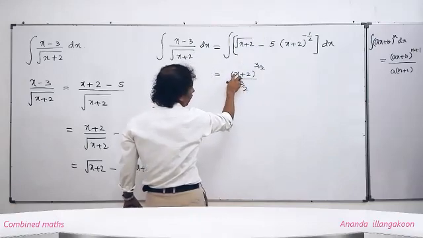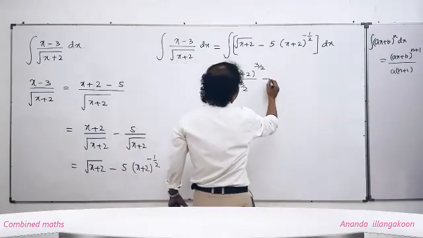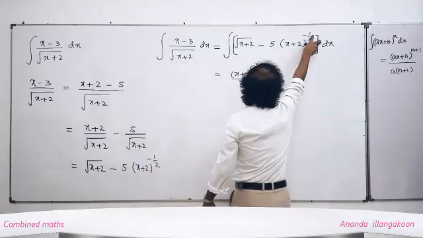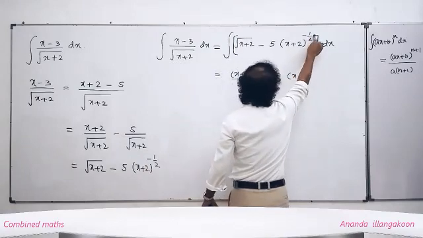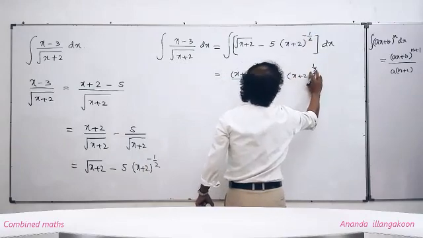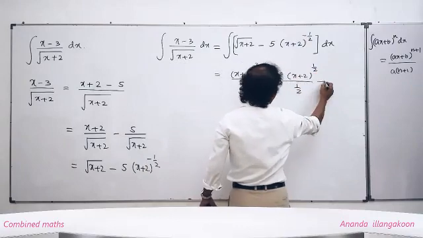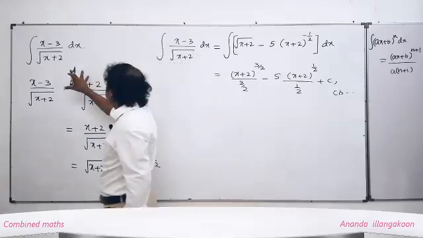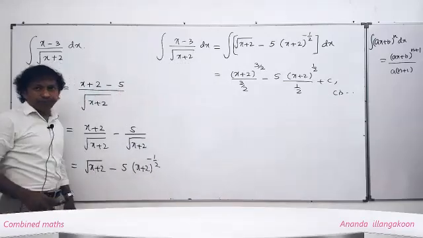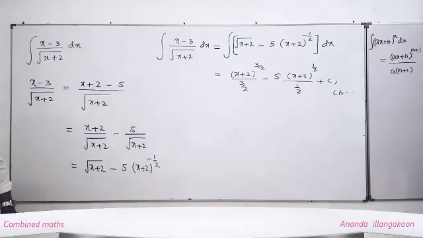Meantime, the x coefficient is 1. We have to divide by 1. It won't change. Here, when you add 1, we get plus 1. Minus 1 plus 1 means plus half. Divide by plus half. X coefficient 1, and we write plus C. C is any constant. Like that, we have to convert this to a known form. That way you can work out that part.